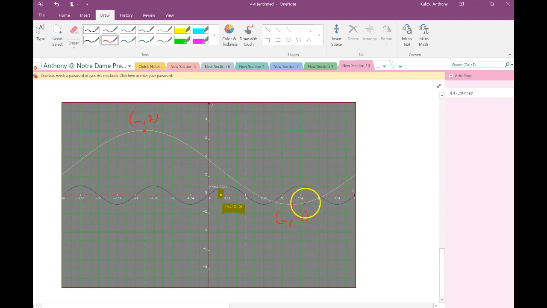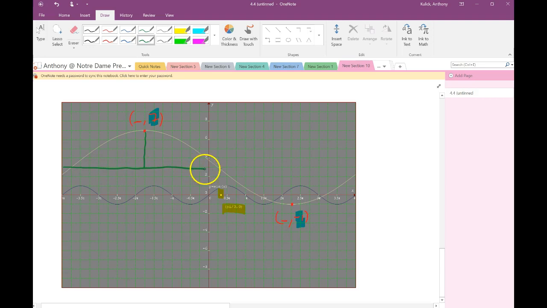So the total distance between 7 and negative 1, that's 8 total units. So if I go down 4 units from the crest, or up 4 units from the trough, that's where the mean line is going to go through. So I'll go from the crest down. It doesn't really matter though. So 1, 2, 3, 4 units.